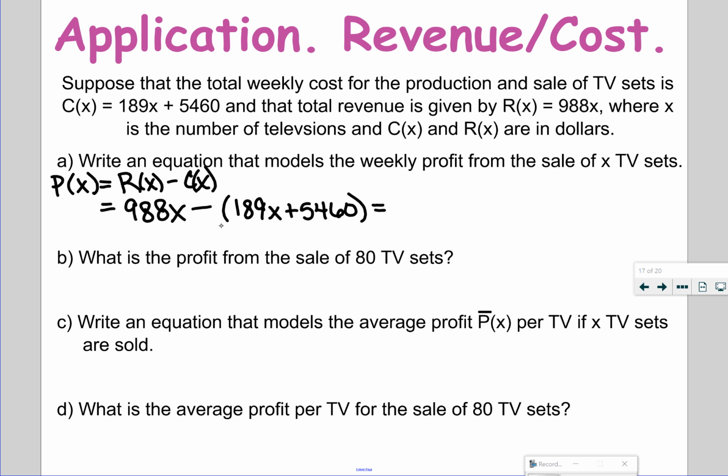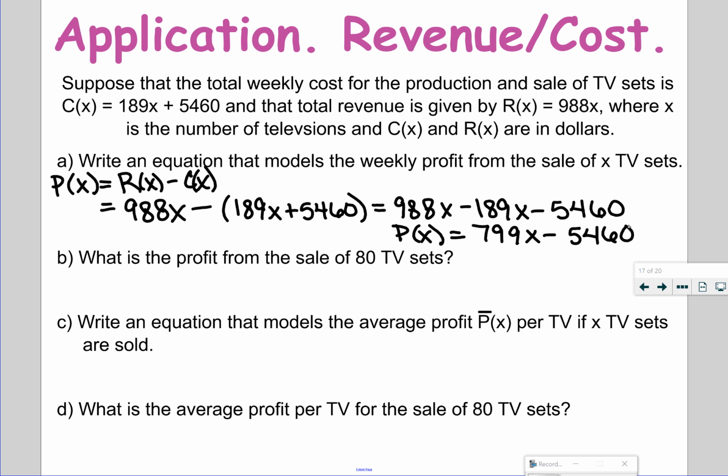Distribute my negative, so I'm going to have 988x minus 189x minus 5,460, and that means my final profit function is, I'm going to have to combine those like terms there, 988 minus 189 gives me 799x minus 5,460.